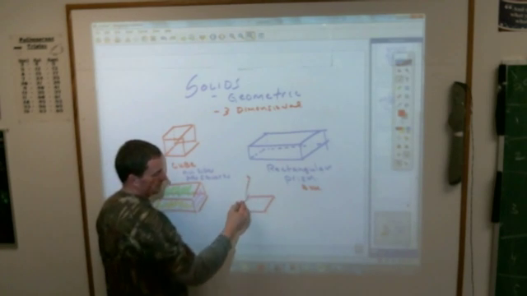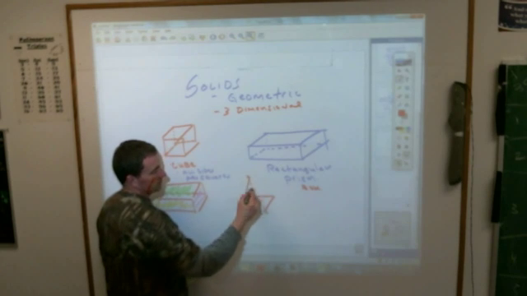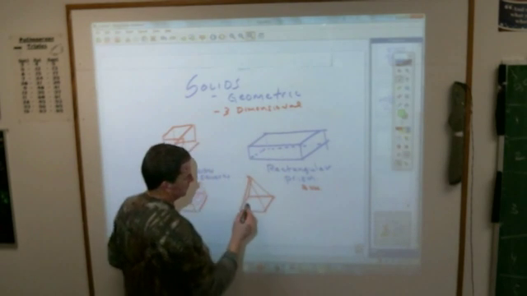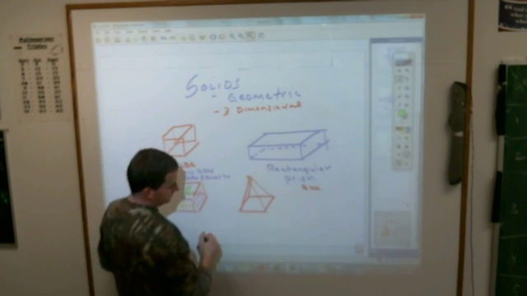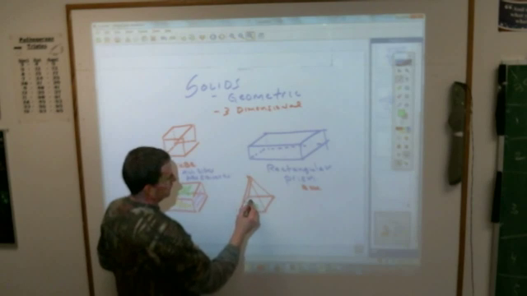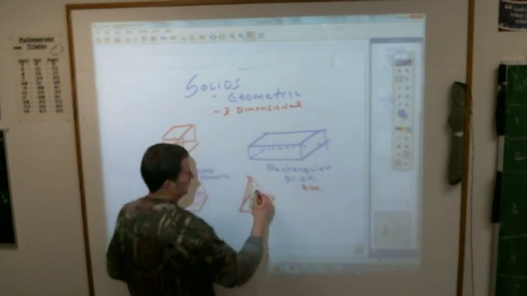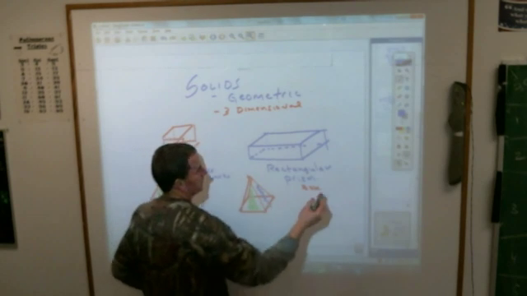It helps a little bit if you color this in a little bit.